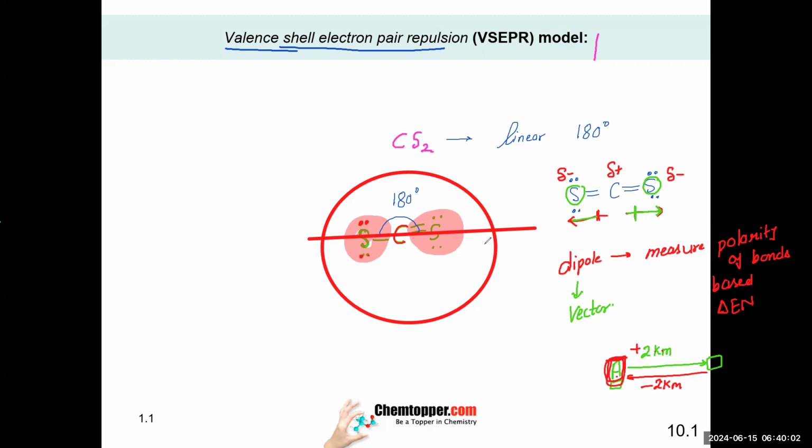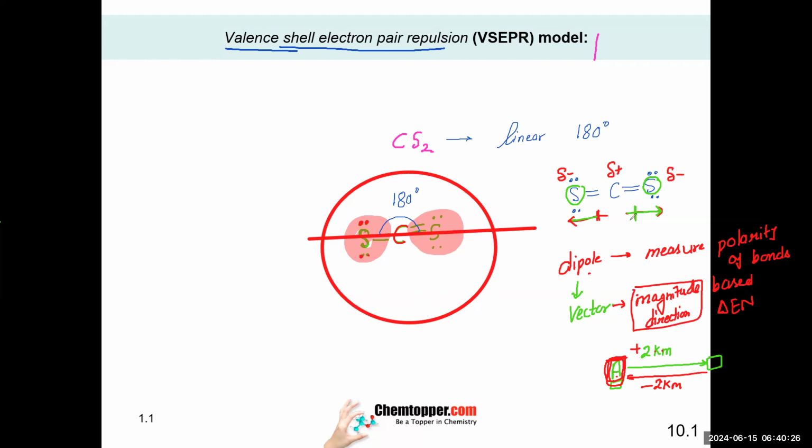Same thing is here. Vector quantities are the quantities which depend on magnitude and direction.